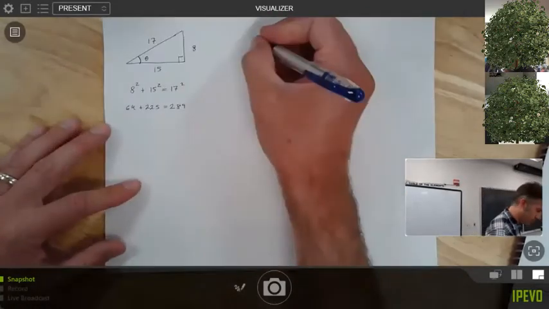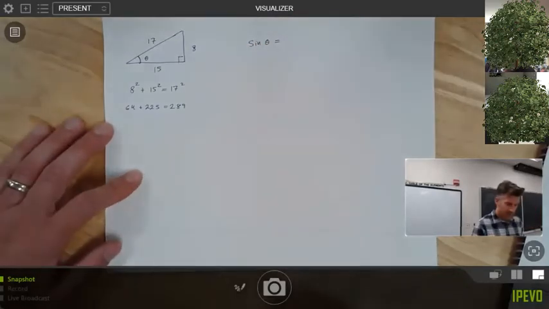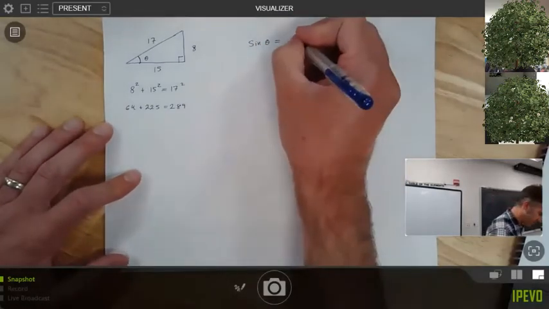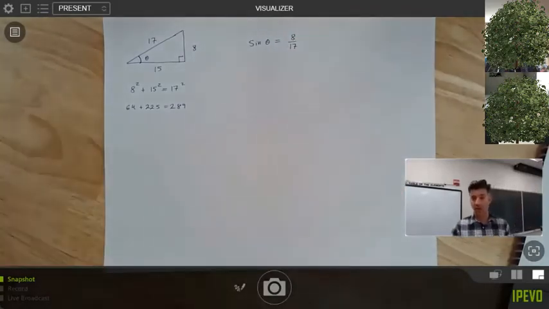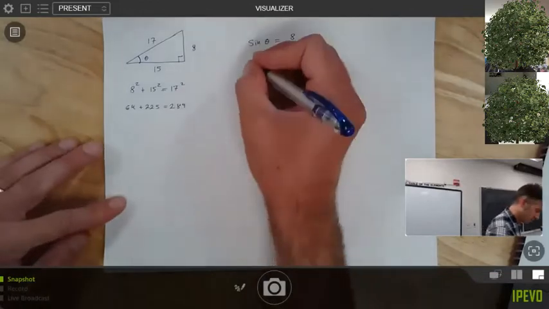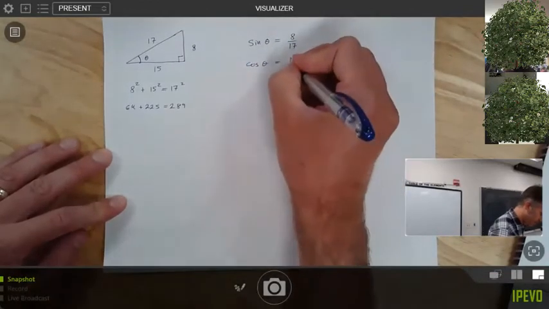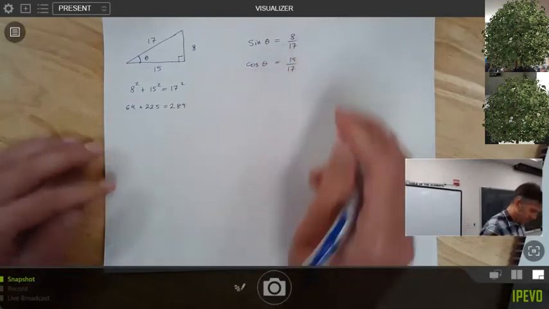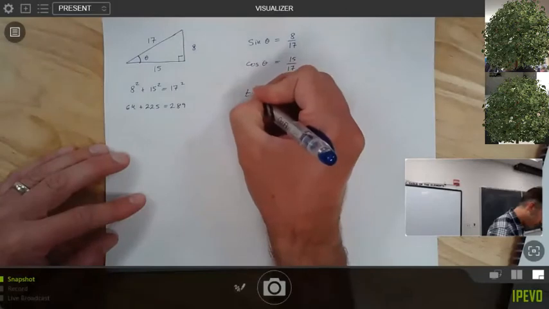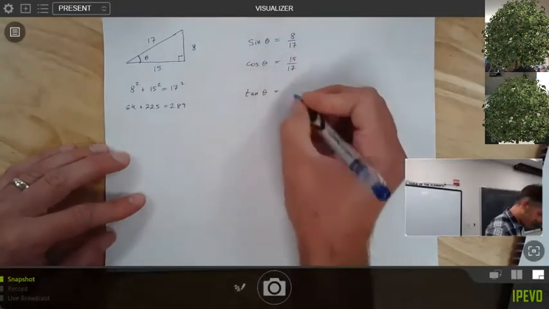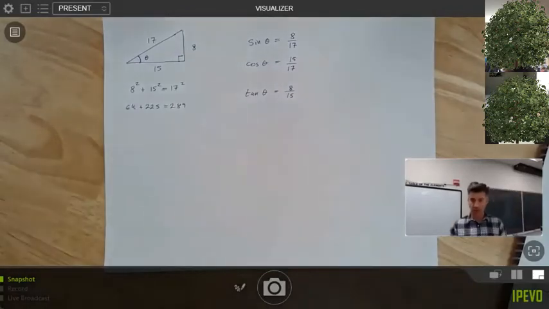So in this triangle, sine of theta is going to be 8/17, or some people would say the opposite over the hypotenuse. Cosine of theta is going to be 15/17, or the adjacent over the hypotenuse. And tangent of theta is going to be 8/15, the opposite over the adjacent.